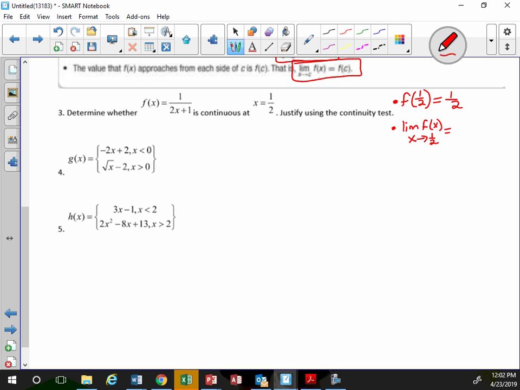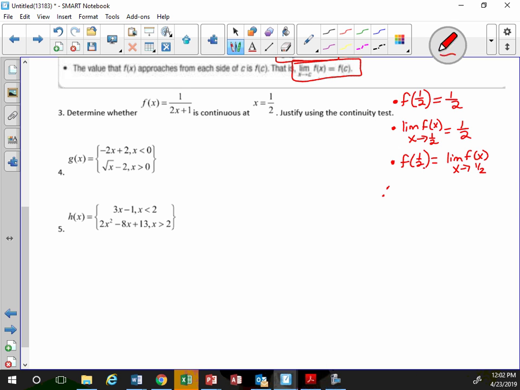All right, guys. So what is the limit? 0.5, yes. Okay, so are they the same thing? Your two bullet points equal each other, right? That's what the third bullet point is, just you telling me that f of 1/2 equals the limit of f of x as x approaches 1/2.